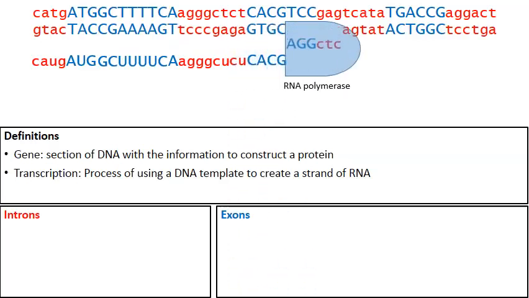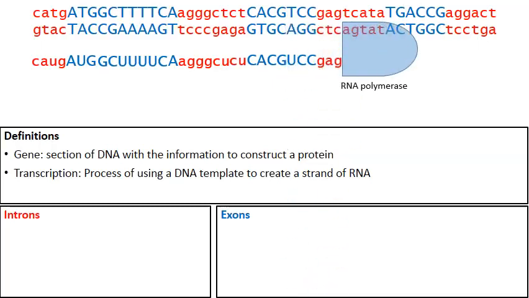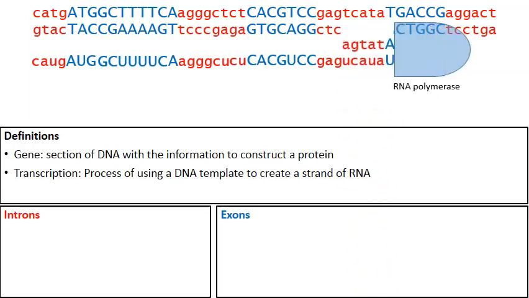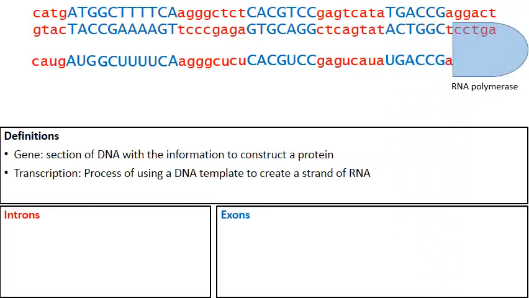And as we are nearing the end of this transcription process, again, we have a growing chain of RNA, and in this case, we're building messenger RNA. But notice how the growing chain of RNA is actually a combination of information, instructions in red and blue, of introns and exons.